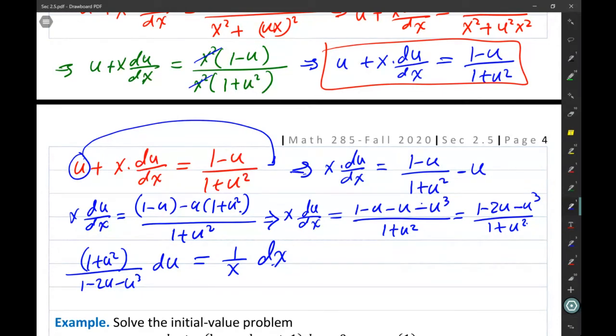All right. Now how can we solve this one?